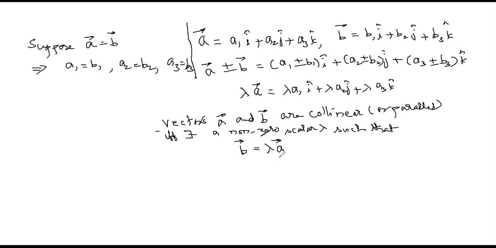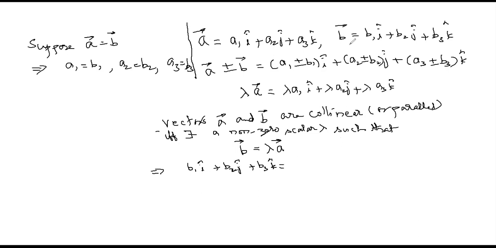If one vector can be written as a product of some lambda with the other vector, then we can say that A and B are collinear vectors. And if you convert this into components, because vector B is what? B1 i plus B2 j plus B3 k.